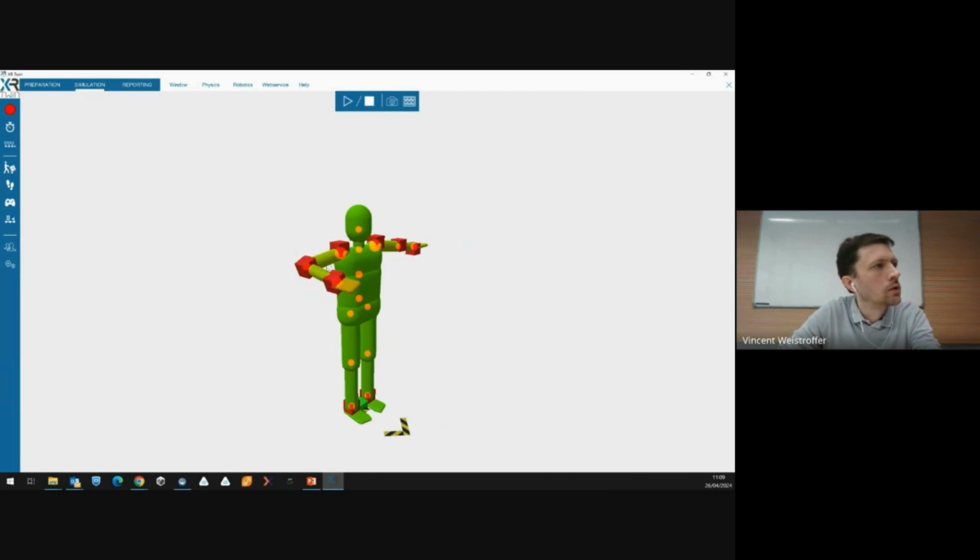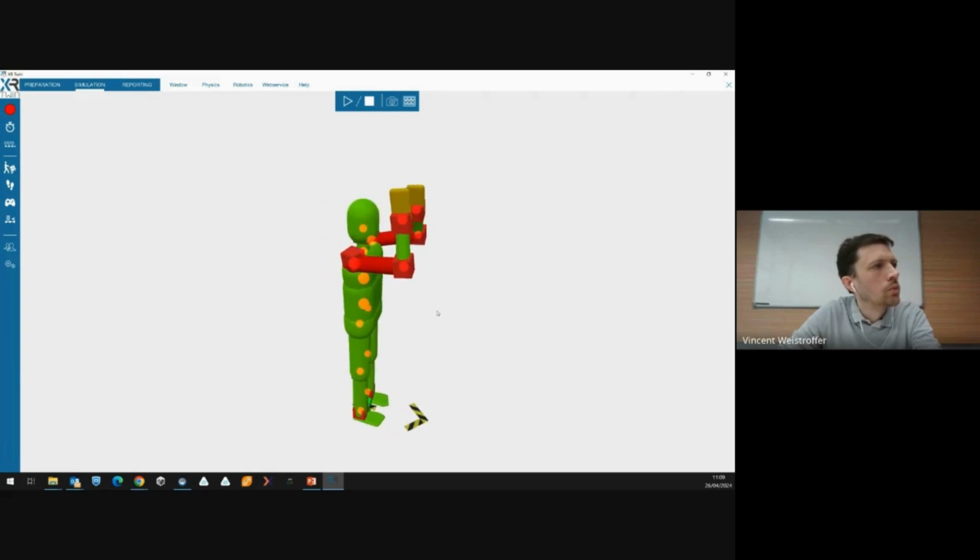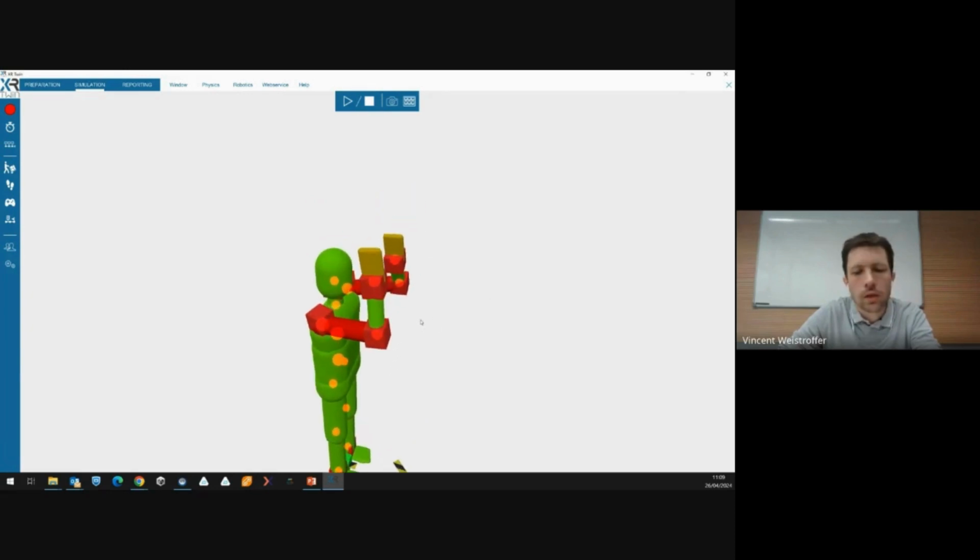So here what you can see is that I really move my digital human model in a physics way. It's not pure animation. You can see it as if there were invisible springs and dampers between the red cubes and the virtual mannequin.